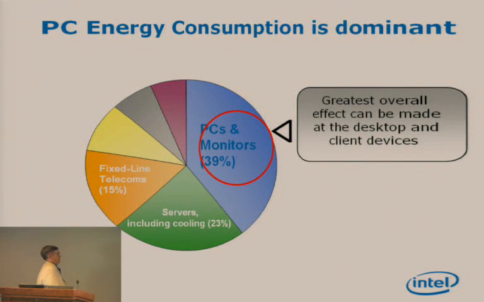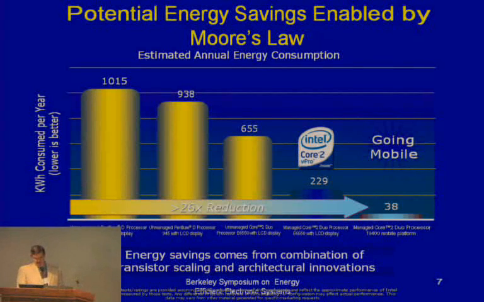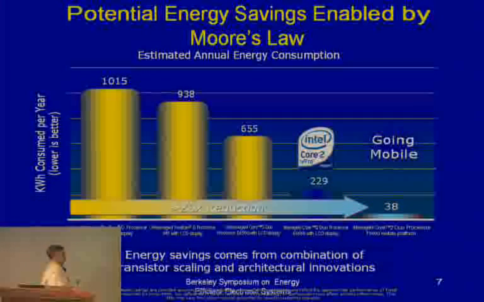That's approximately 40% of the total energy spent on computation, including telecoms. The servers are 23%, but this is 40%. So like some of the other speakers have noted, this is where the opportunity is for reducing overall power consumption in computing.